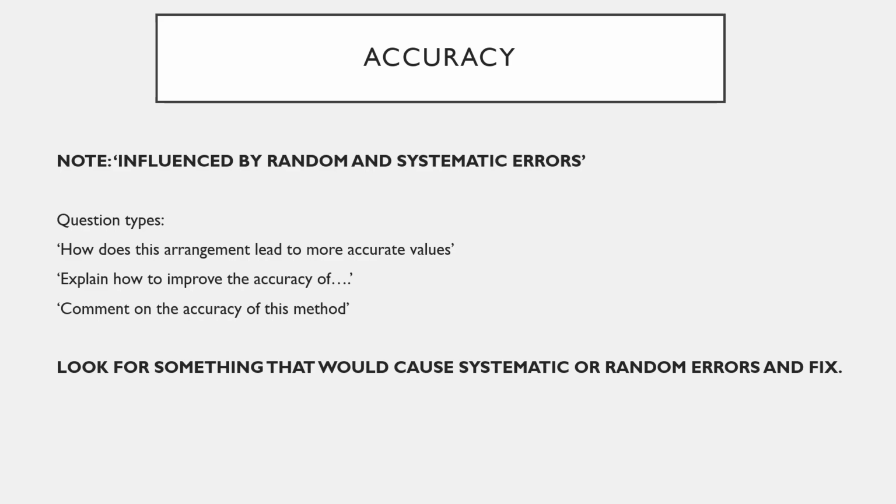You look at the diagram and think, is this a decent way of doing this experiment based upon the experience that you've had? What would cause either systematic or random errors? Then you make some attempt to fix it. You describe how you would fix it and what effect that would have.